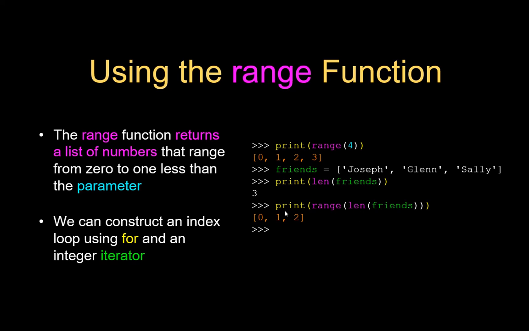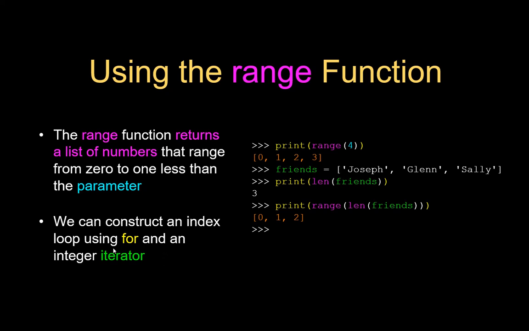So again, we start from 0, 1, 2, and this is position 0, 1, 2 again, and it has 3 values, and the maximum value is 1 less than the parameter that we use here, which is 3. So this is a good idea to use.